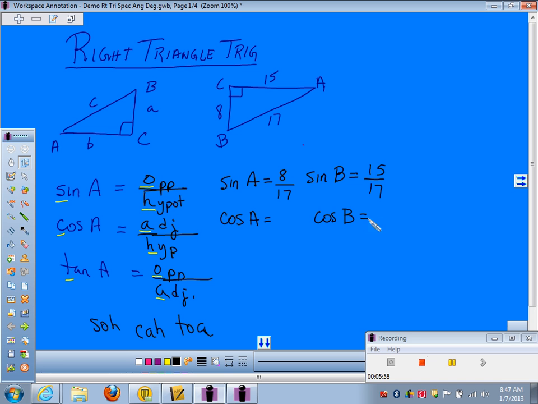So if I'm asking you for the cosine of angle A, I want the side that's adjacent to angle A. Okay, well, there's actually two sides that form angle A that are adjacent to angle A. It can't be the hypotenuse, though. So the adjacent always has to be the other side that's not the hypotenuse. So adjacent to angle A in this case is 15 over 17, which means the cosine of angle B is what?